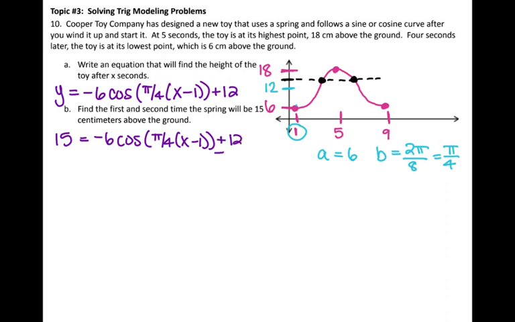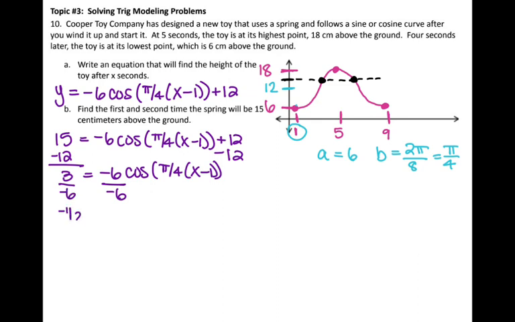So we'll start by subtracting 12 from both sides. That gives me 3 equals negative 6 cosine pi over 4 times x minus 1. Divide by negative 6. That gives me negative 1/2 equals cosine pi over 4 x minus 1. And then from here, you're kind of stuck.